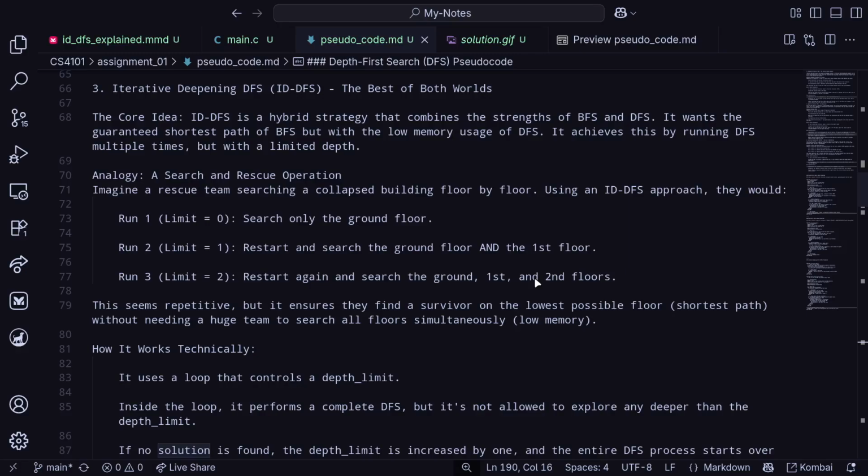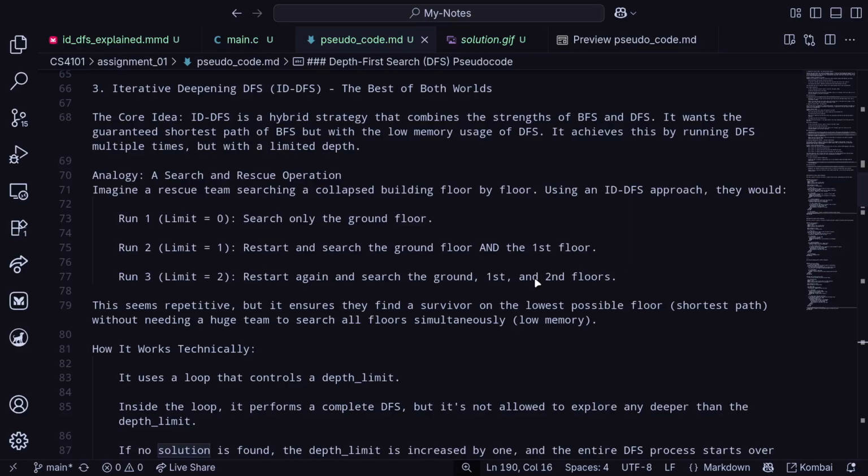So if you do a floor by floor search, suppose you miss out on some people to be rescued on the first floor, then after doing the breadth first search, there is a probability that you might actually have missed out. So then you go to the next floor.